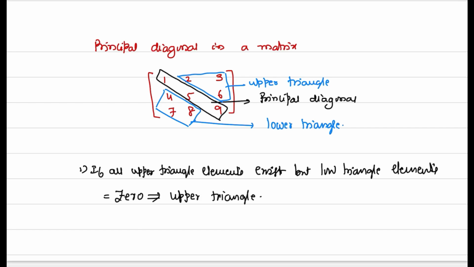The lower triangle elements are all 0. Like this: 1, 2, 3, 0, 0, 5, 0, 6, 9. This is the upper triangle because this portion is 0.